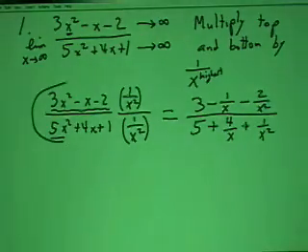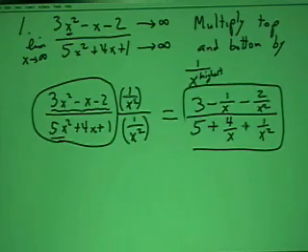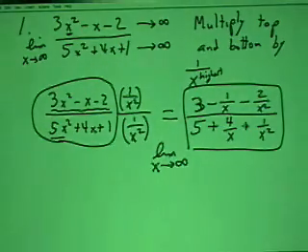Well, now we've made the fraction look much, much uglier than it was to begin with. I mean, this doesn't look too bad. This looks pretty ugly. But there's one very, very nice thing about it, and that is I can tell you what's happening as x gets large. Nothing happens to 3, obviously. 3 stays 3. But as x gets large, this guy we've seen before. 1 over x is going to go to 0.